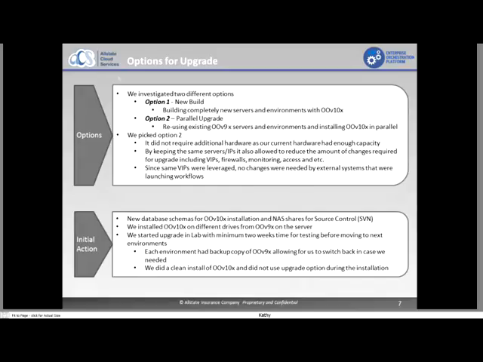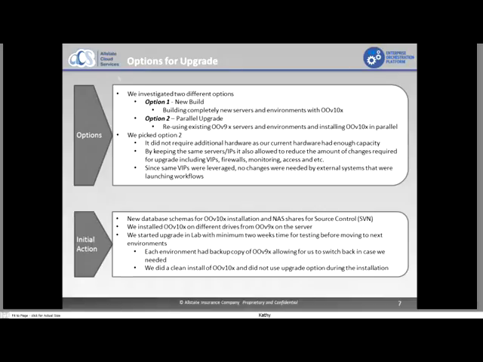We picked option two because it didn't require additional hardware, and we also thought that our current hardware had enough capacity to support both versions in parallel. By keeping the same servers and same IPs, it allowed us to reduce the amount of time and changes required for the upgrade, which included basically VIPs and the firewalls and monitoring and access and so on.